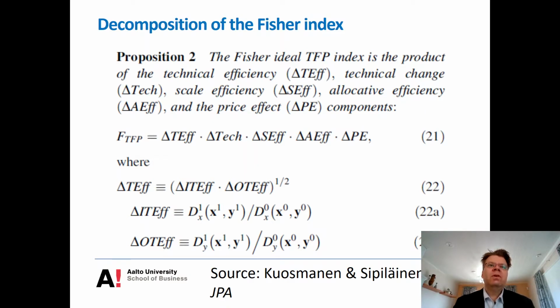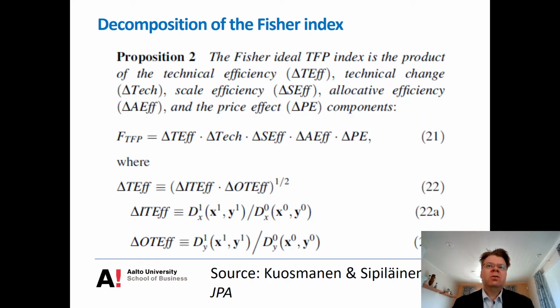So I started from the Fisher TFP index, and in this work with Timo Sipiläinen, we managed to decompose the Fisher index into 5 components, which are technical efficiency change, technical change, scale efficiency change, allocative efficiency change, and the so-called price effect. Naturally, when we talk about the Fisher index, prices become an issue, and allocative efficiency change should also be considered.